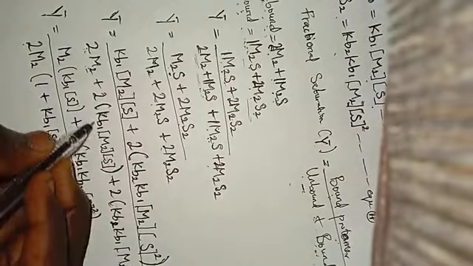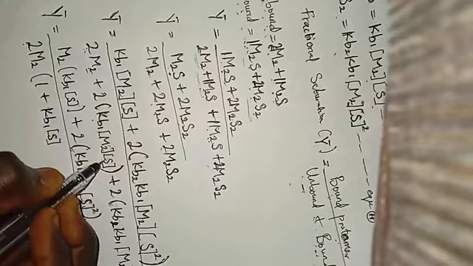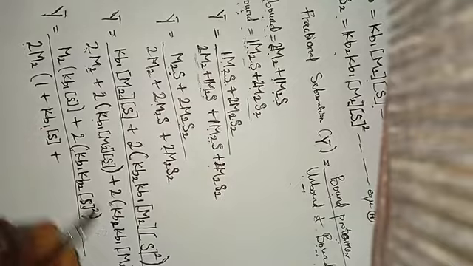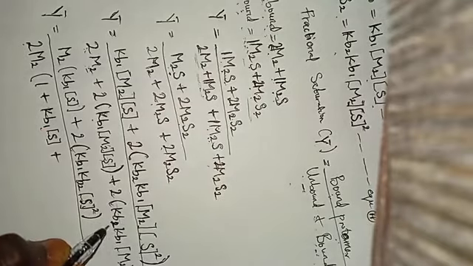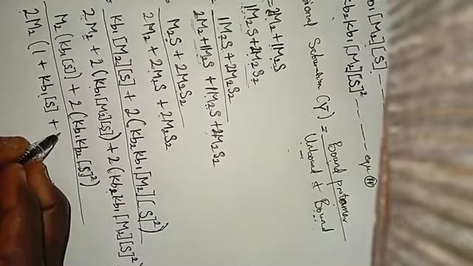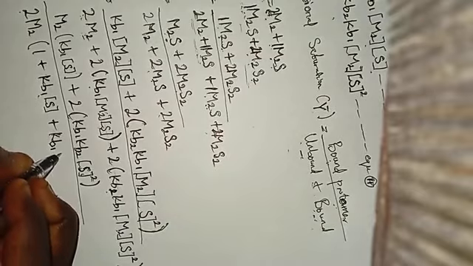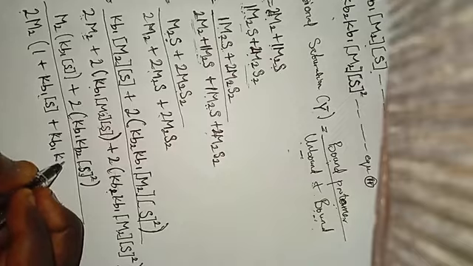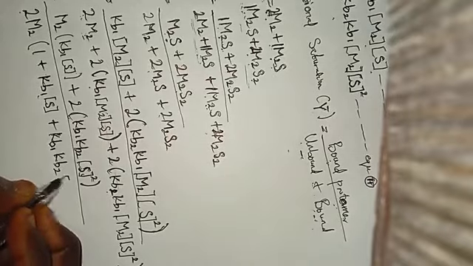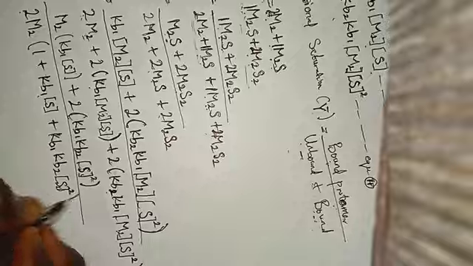Then plus, taking the M2, what is left is KB1, KB2, then in bracket S square.